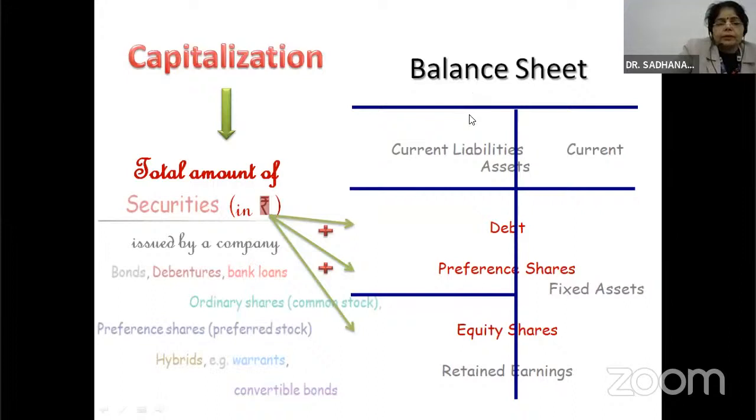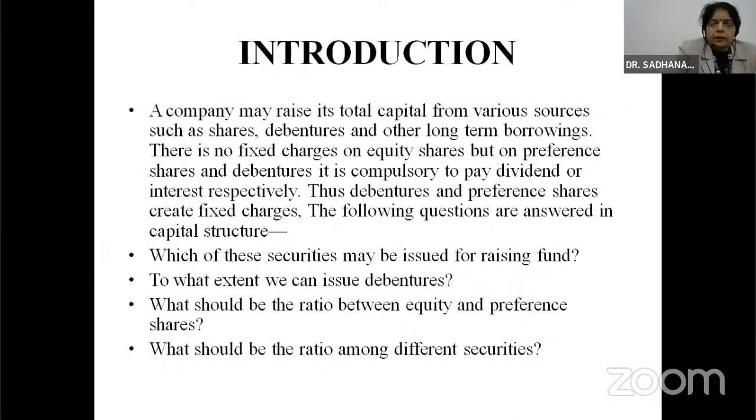Total capitalization means the total amount of the securities issued by a company, which includes debt, preference shares, equity shares, and retained earnings. We all know that a company may raise its total capital from various sources of funds, like shares, debentures, and other long-term borrowings.